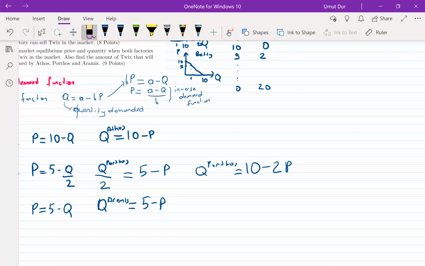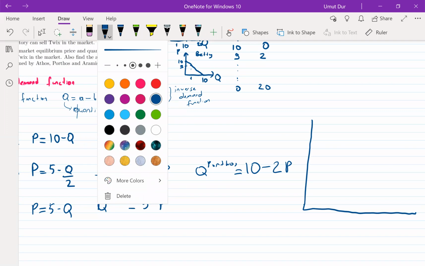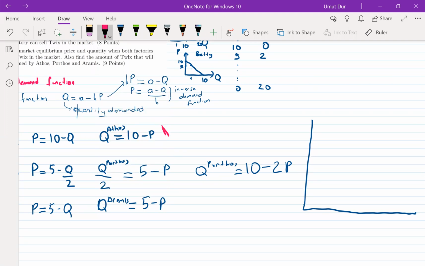So I need to draw their demand curves. Let's try to draw it here on one single graph. I will try to use different colors for different individuals. The red is for Atos, and again, this is price, this is quantity. So I'm drawing the individual demand curves.